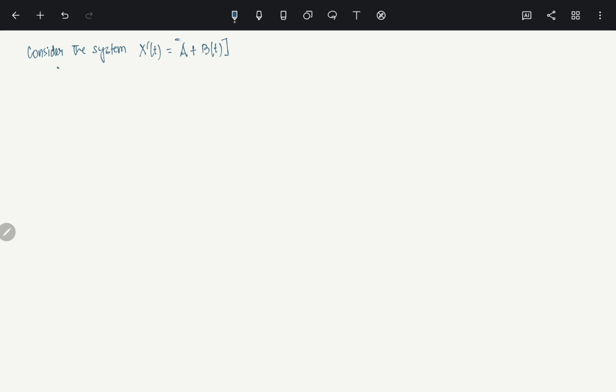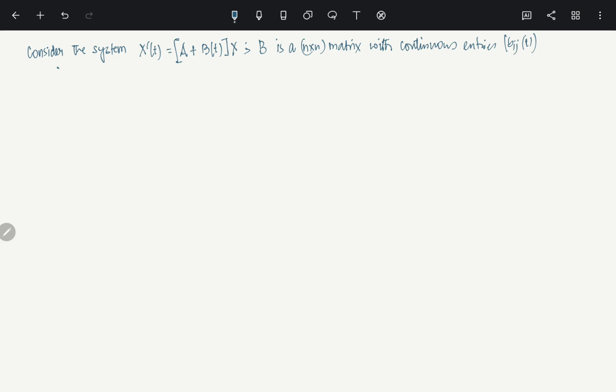Here a is a constant matrix, and b is an n cross n matrix with continuous entries, entries b_ij of t.